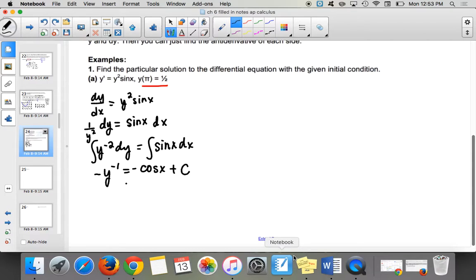So we're going to go ahead and find what c is. So we're going to use y of pi equals 1/2. So I'm going to plug in pi for x and 1/2 for y.